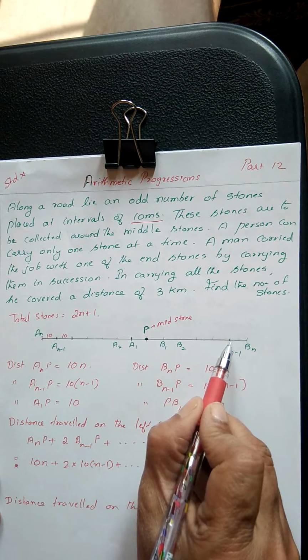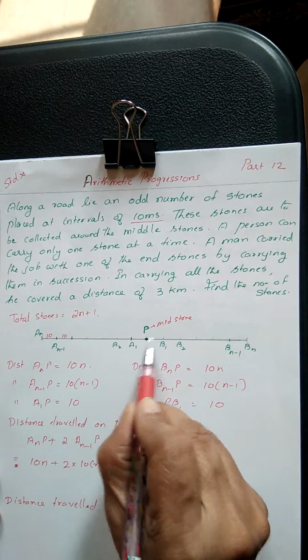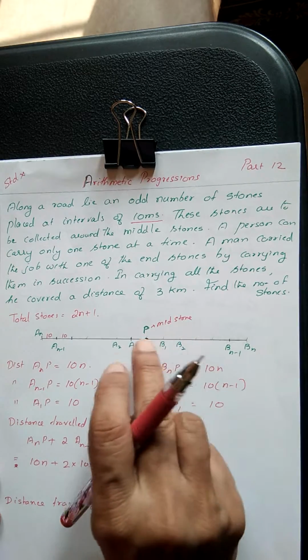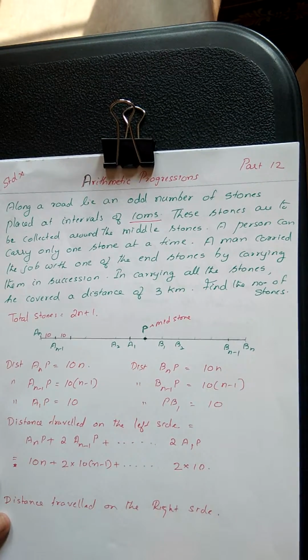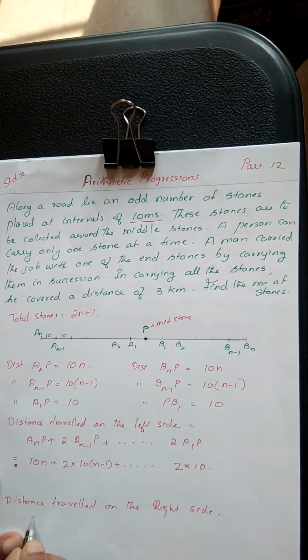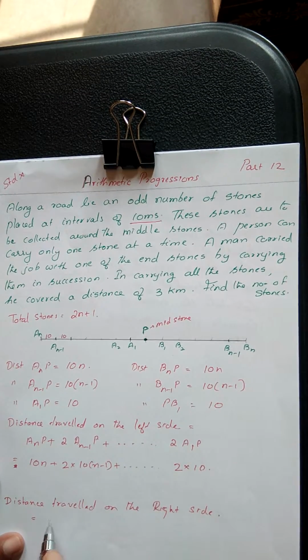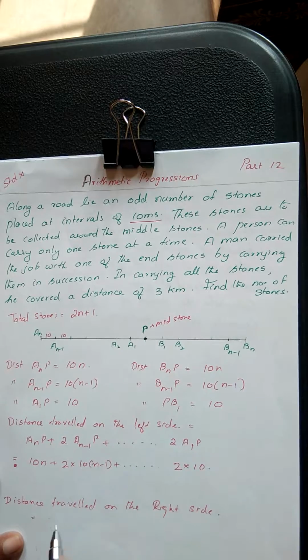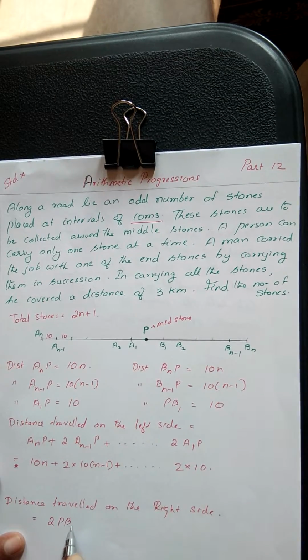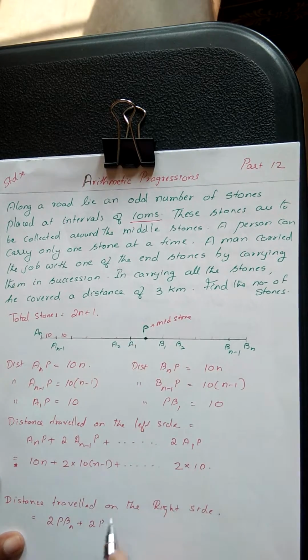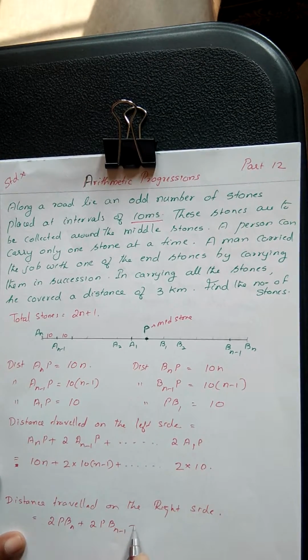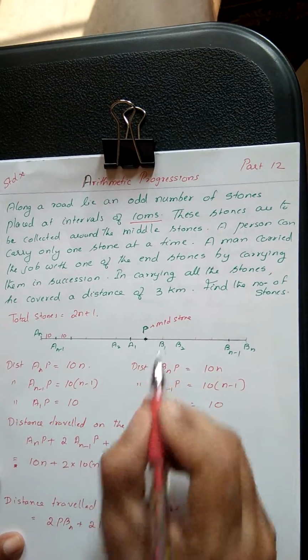From here he will go to B n minus 1 and again come back to P. So when he picks up all the stones, it will be twice the distance he will be running. So this is equal to twice PBN plus twice PB n minus 1 plus so on.